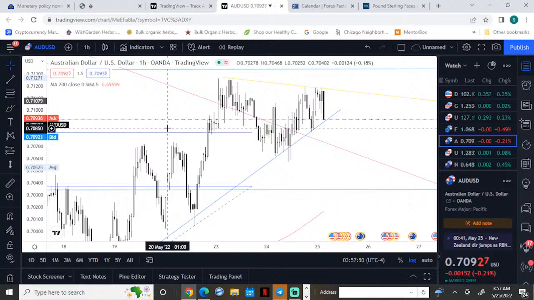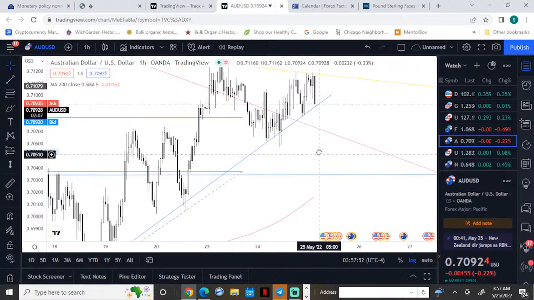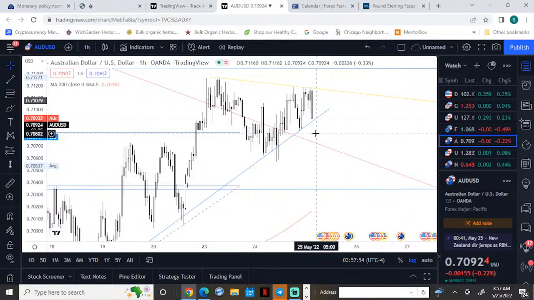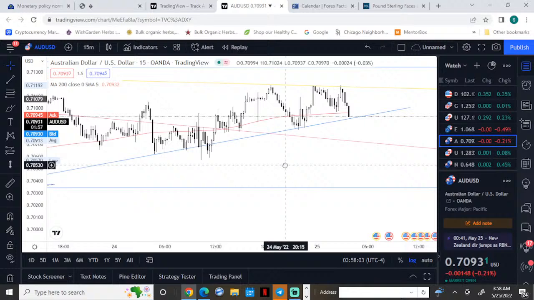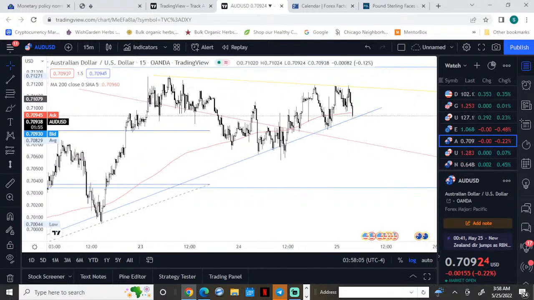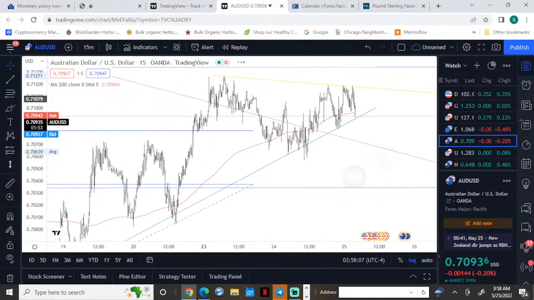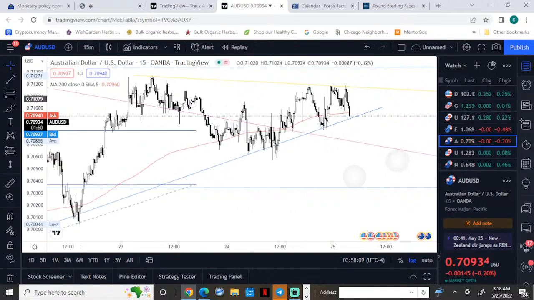Now, if the dollar is just on a pullback for a nice intraday position, you see price break and retest this trend line. And let's see. Yeah, that's looking like a nice little sell.